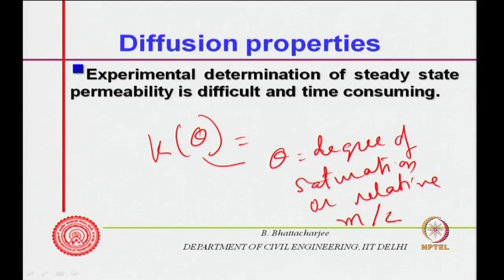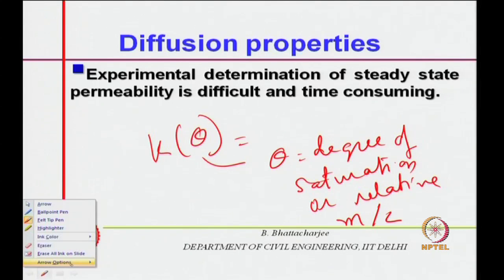But K generally we determine for saturated condition. To achieve the saturated condition steady state situation, it takes very long time in concrete, because permeability is very low. So, it is difficult and time consuming, and it is not easy to do.